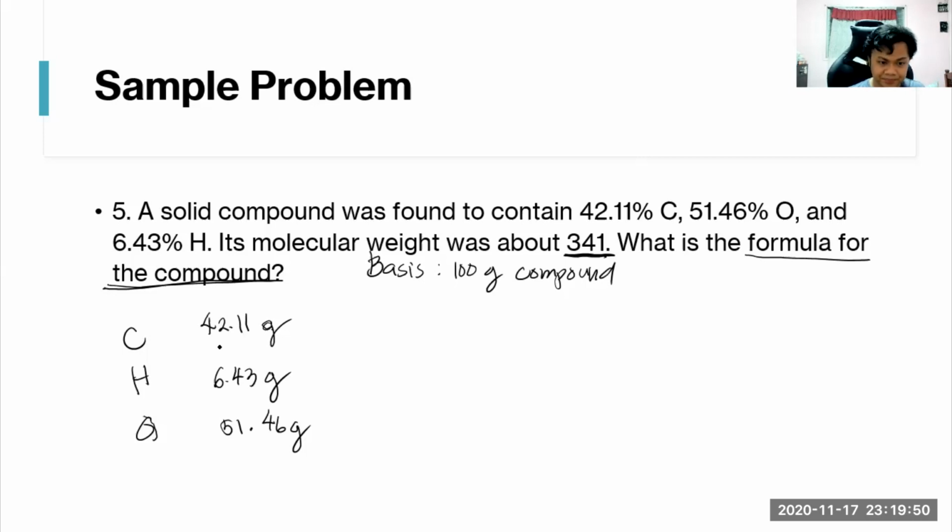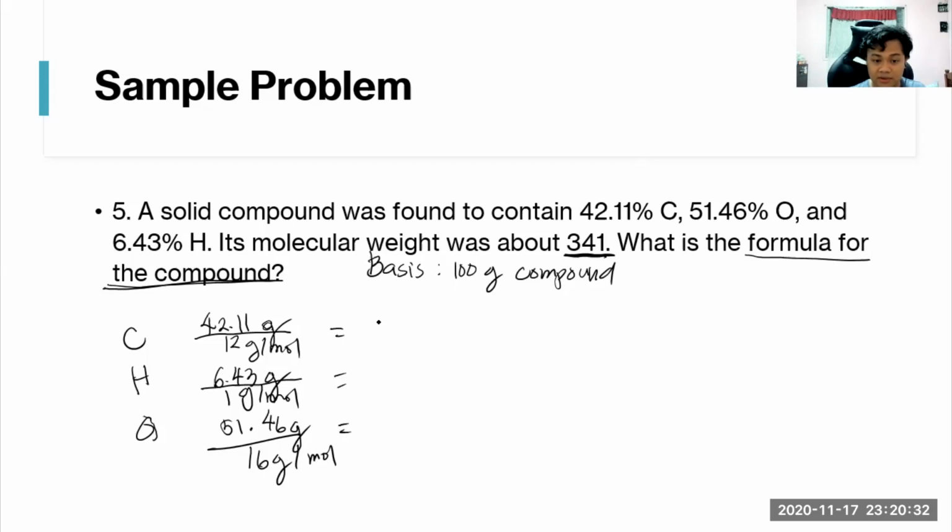We just have to divide them by their molecular weight. Carbon has a molecular weight of 12, so divide by 12. Hydrogen is just 1, and then our oxygen is 16.